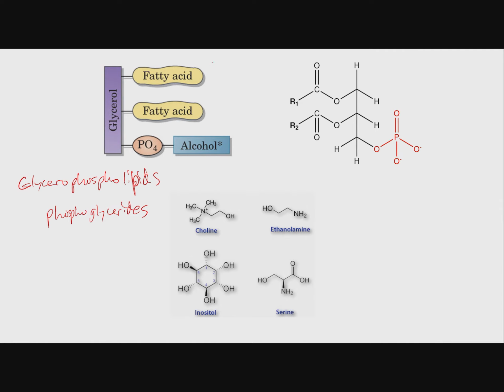Okay. You can see that they have two fats in the normal positions, but instead of having one of those fats, we have a phosphatidic acid that has formed a phosphoester bond with that glycerol. And so this turns it into a phospholipid.